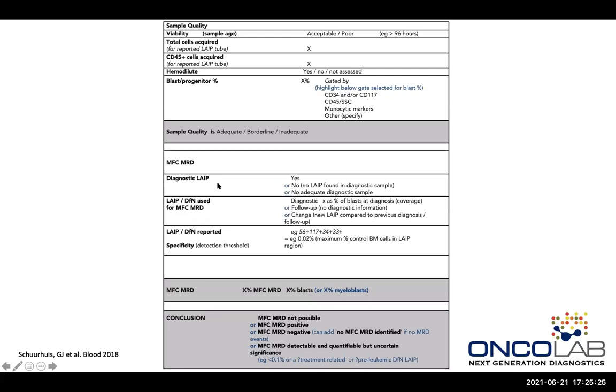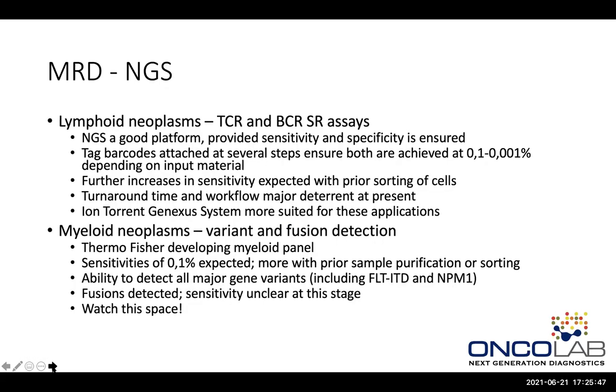The blast progenitors, but anyway, and then also whether there's hemodilution, and very few of us measure this at the moment. And then one has a percentage MRD, you name the phenotype that you use to pick up the MRD, and you have a standardized conclusion with standardized terminology.